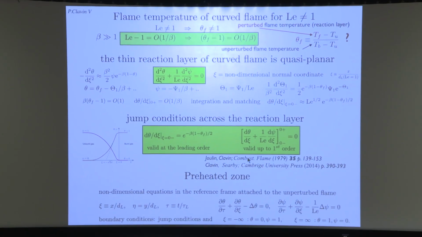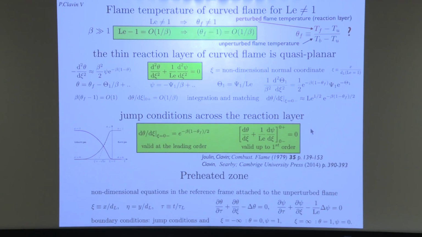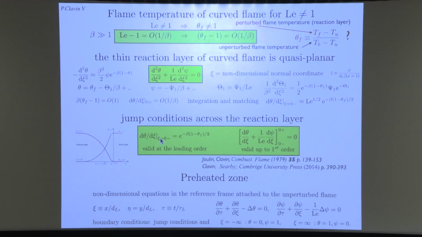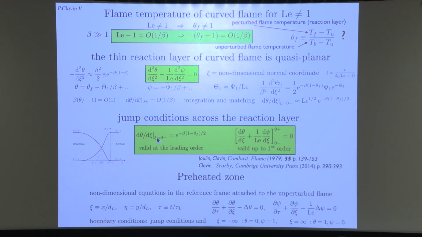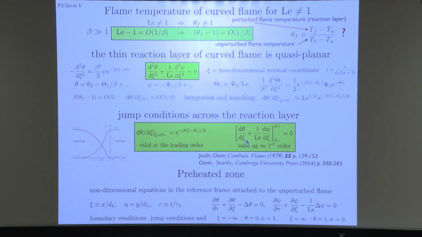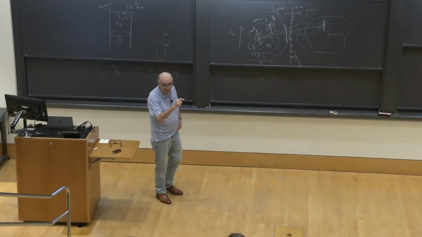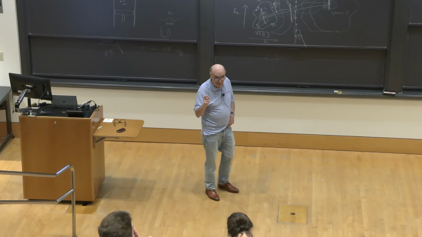With this student, we developed it exactly with different cases, and we showed that you have two jump conditions. One was clear and known by Zeldovich, and the other was trivial for Zeldovich. The other tells you the conservation of the total energy, including the chemical energy.